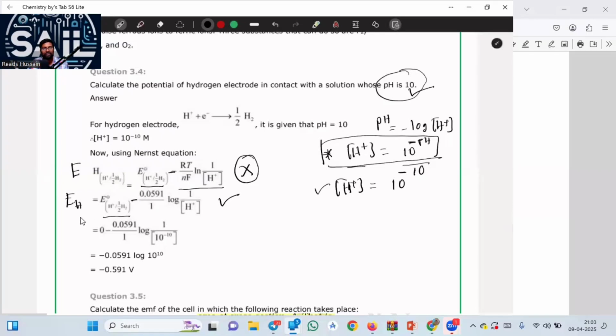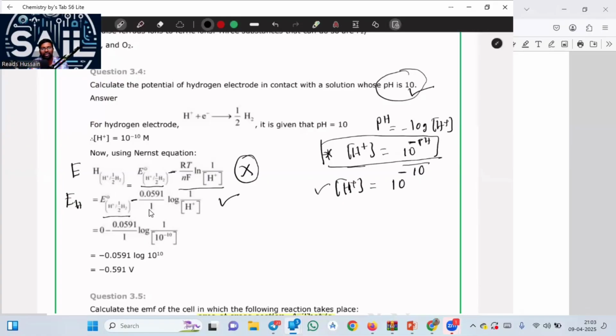Come on, this we have to find. Electrode potential of hydrogen is equal to standard electrode potential of standard hydrogen electrode. What is its value? Its value is 0, no? The potential for the standard hydrogen electrode is 0. So this value becomes 0. And what is left here? 0.0591 by 1.